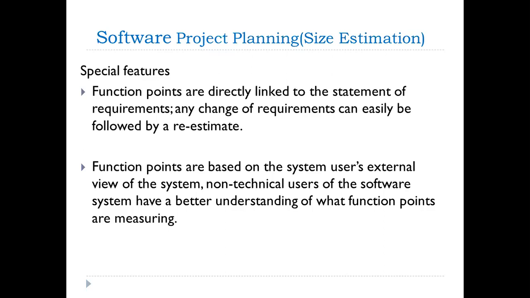Suppose that 4 requirements are given for a particular functionality and we are estimating the size of the project. If the customer wants us to add some functionality, again we can re-estimate the size of the project as well as cost and development time. So this is another feature of function point.